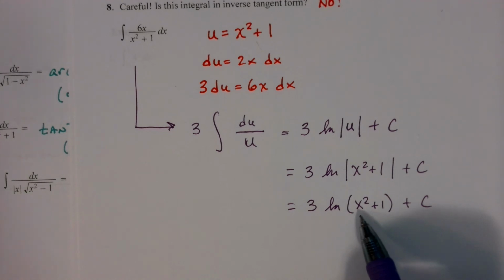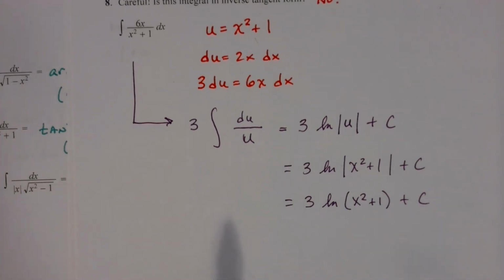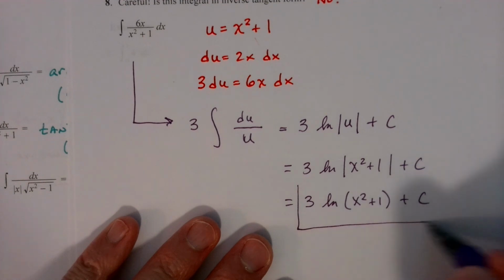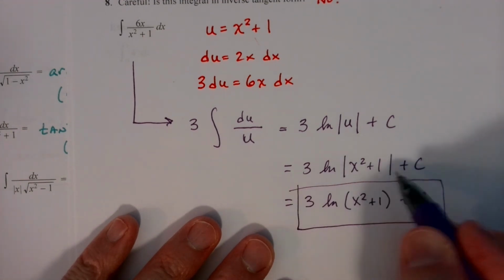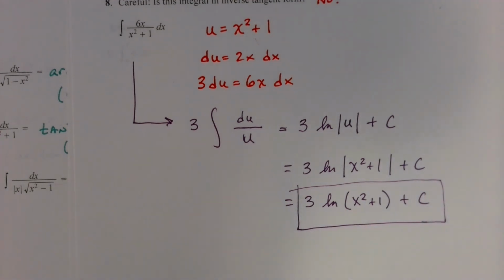X squared plus 1. Can x squared plus 1 ever be a negative value? No. X squared plus 1 is always 1 or more. And so I don't really need the absolute value bars technically. Now, if you write it this way, that's fine. It's not wrong, but it's just not wrong to write it this way either. Okay. All right. So you've got to be careful with that.